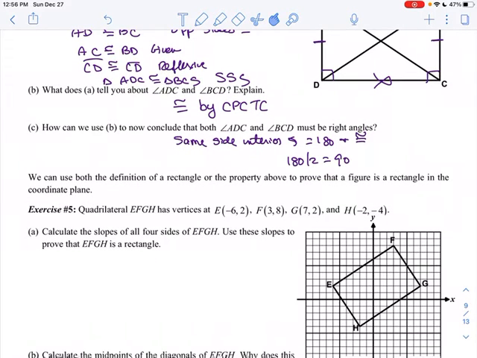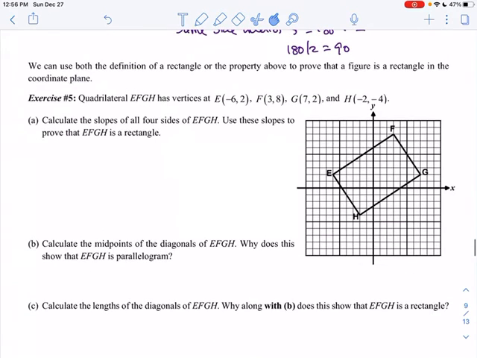All right, let's look at this same thing with rectangles, but more with the coordinates. So using slope, distance, and midpoint, which I think most of you find a little bit easier. So in 5, I want to calculate the slope of all 4 sides of EFGH.